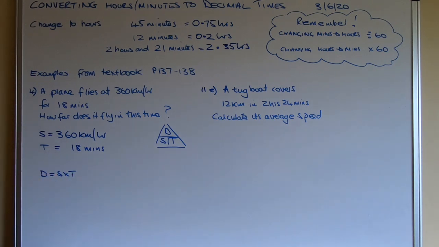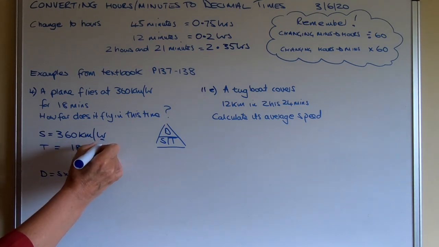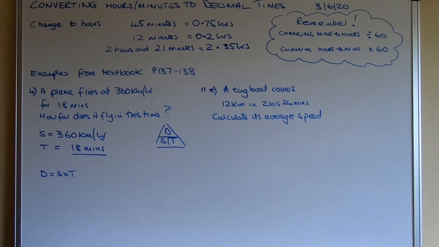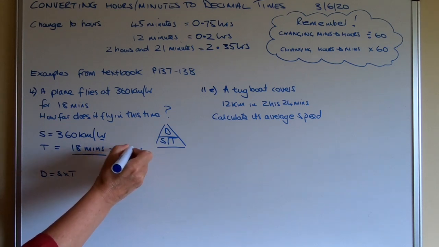Let's check our units now. The speed is 360 kilometres per hour and our time is 18 minutes. So they're not compatible. The first thing we have to do is change that 18 minutes into hours. It's a fraction, it's less than an hour. 18 divided by 60 is 0.3. So 18 minutes is 0.3 hours.